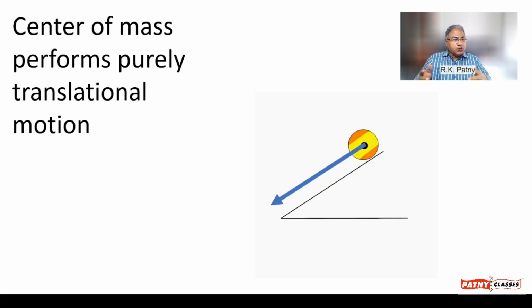There is no other option for the center of mass. The center of mass has to follow linear motion. So whenever a body performs rolling motion, the center of mass of the body performs purely translational motion. This is a very important point to be noted down.